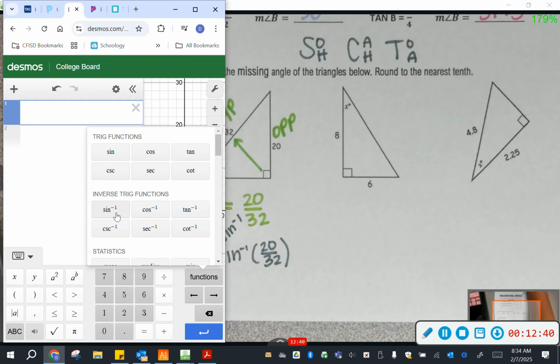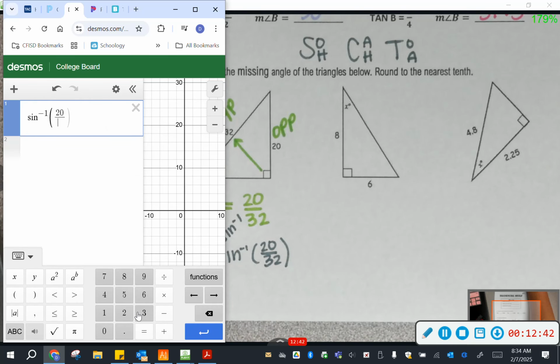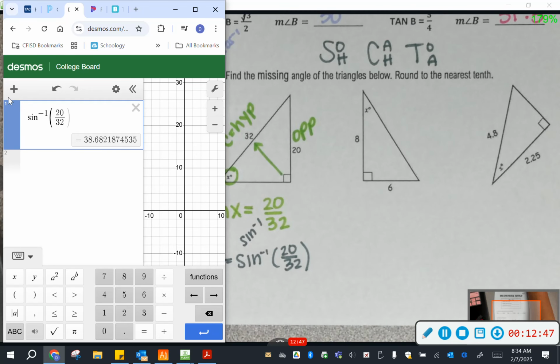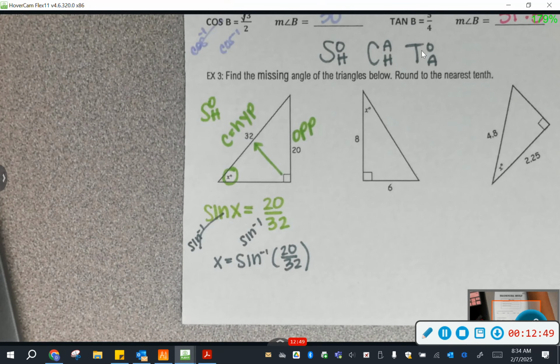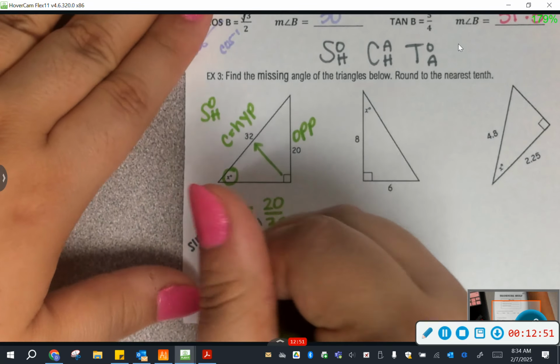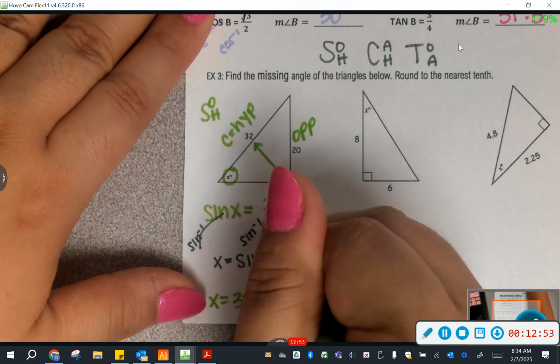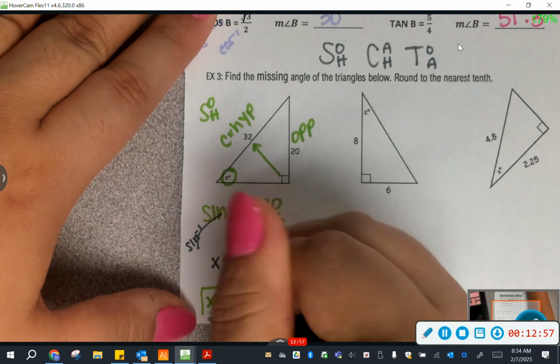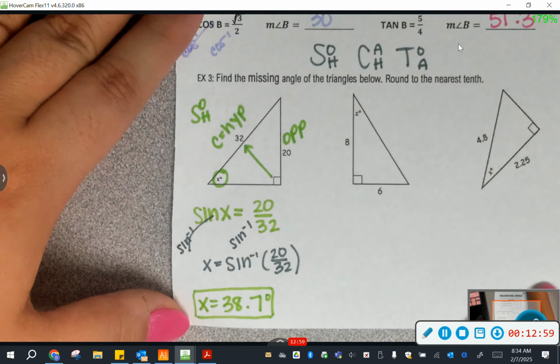The inverse sine of 20 over 32, correct, is 38.7 degrees. It's an angle, we're finding the degrees.